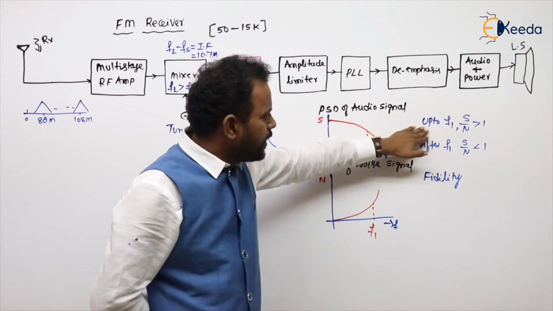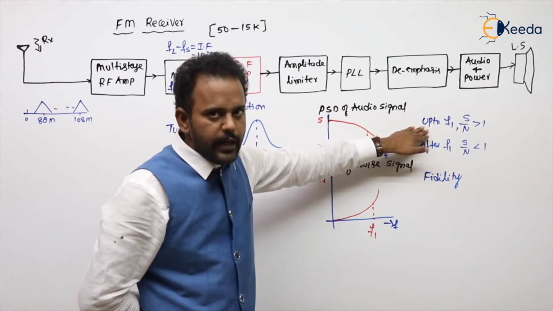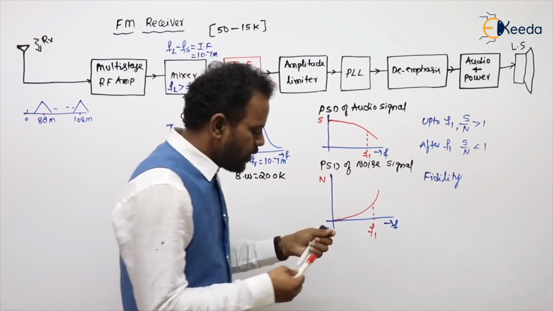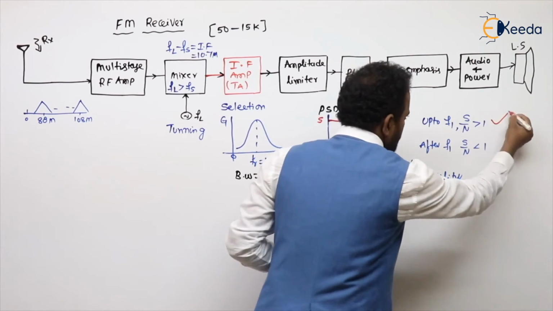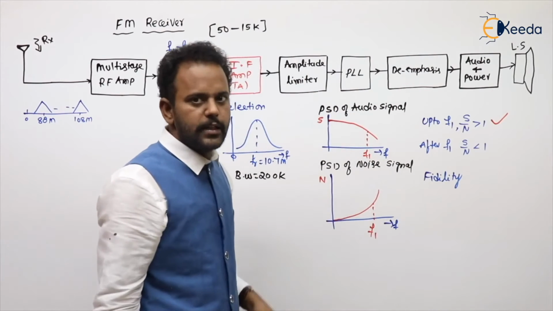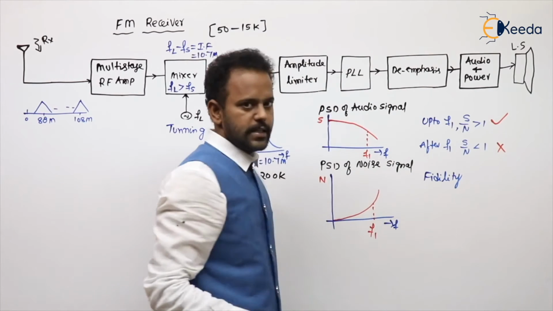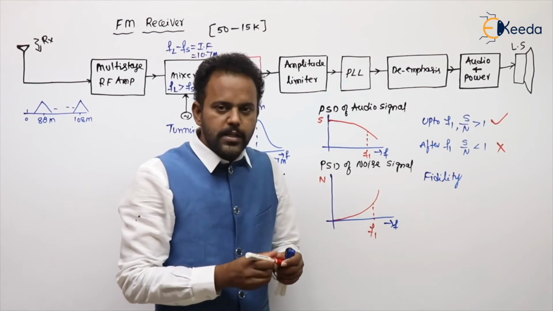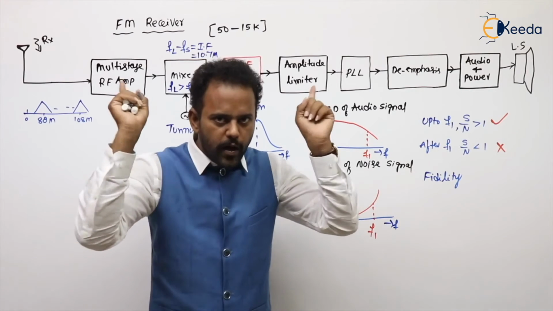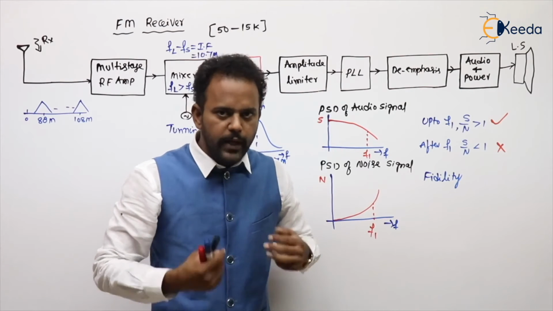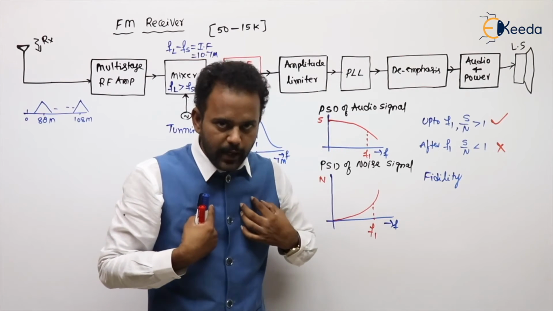Because up to F1, the S by N value is greater than 1. Greater than 1 means we can reconstruct our signal because signal strength is more. But after F1, we cannot because signal strength is less. Just like if my voice strength is more compared to all other external disturbances in your room, then you can listen to what I am saying.